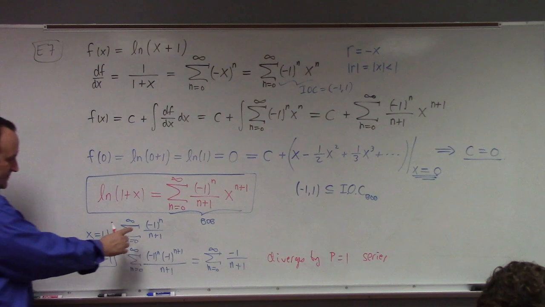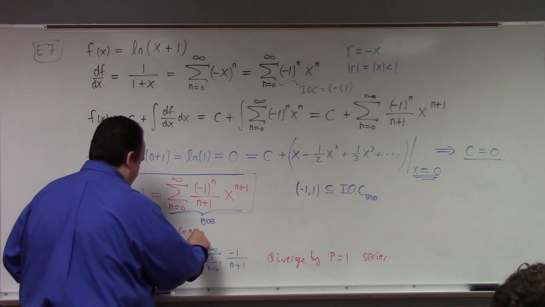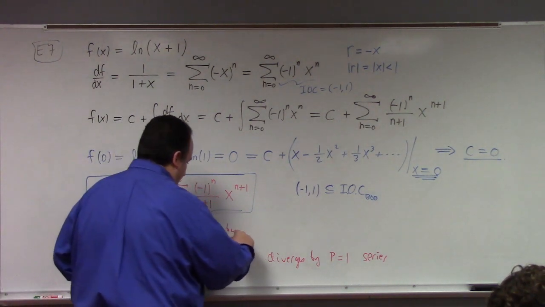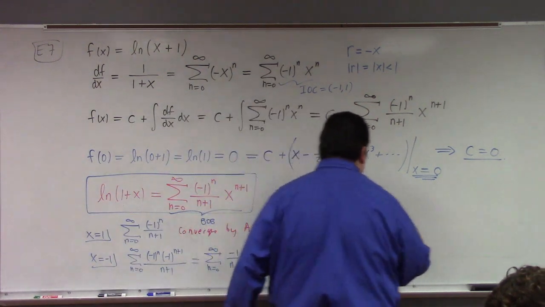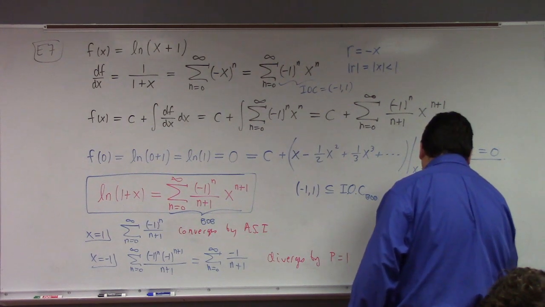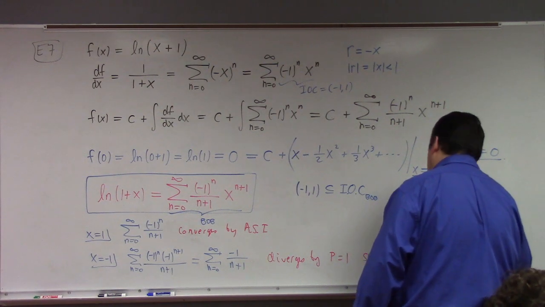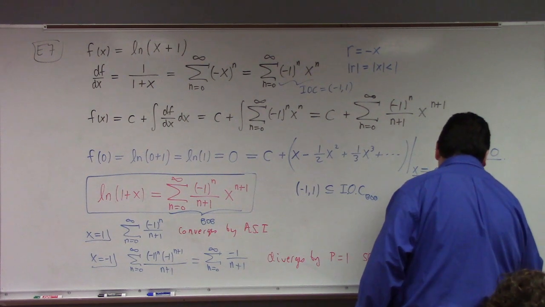What is this? This one keeps coming up today, right? This is the second time that the alternating harmonic series, right? That converges by the alternating series test. So then what? So you put this together, the IOC for Bob is actually equal to what? Minus 1 not included, 1 included.